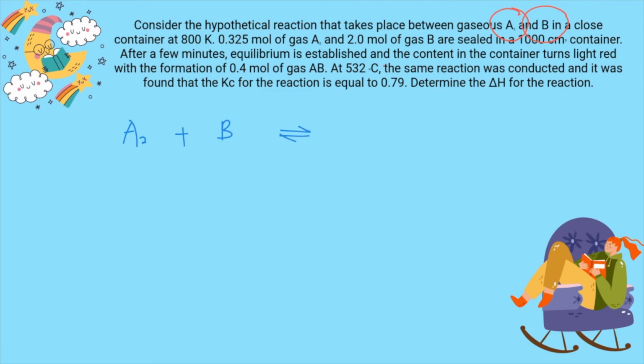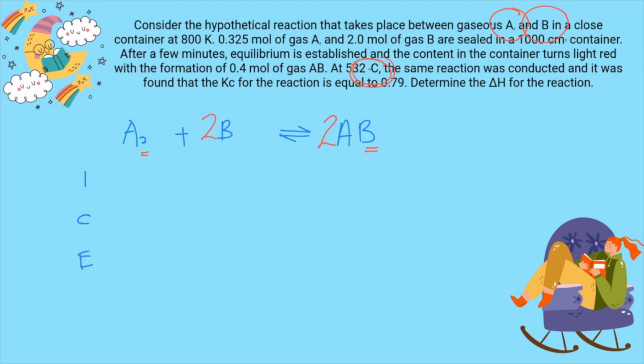So here, if you can see here in the question, it states that AB will be formed. So looking at your A, you have A2, right? So definitely you need to put 2 here. So since you have already 2B here, so you need to times 2 here as well. So from here you can write your ICE diagram, ICE.